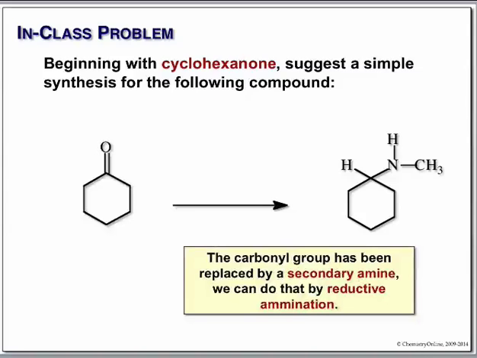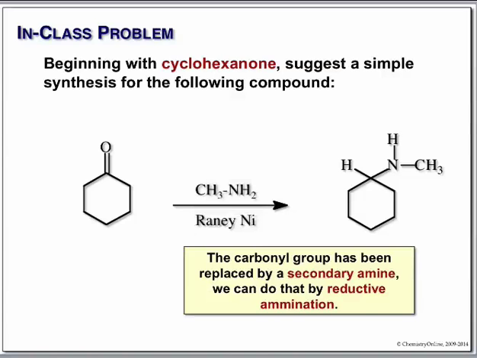The amine that we added was simply this guy, so that's methylamine, isn't it? Methylamine will add here, and we will form an imine, the intermediate imine. So a simple reaction with methylamine gives us the imine.